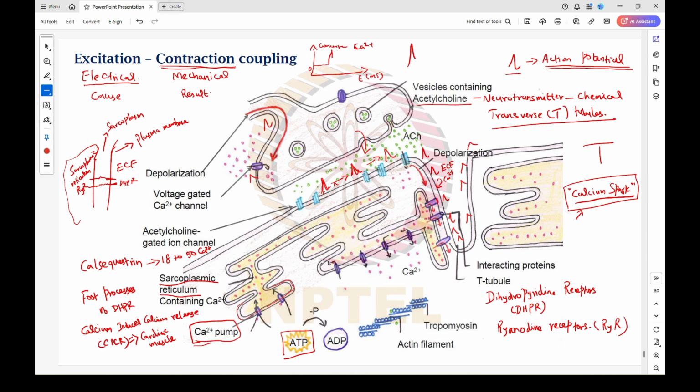Once acetylcholine binds to the receptor, there is a flux of sodium ions inside, causing depolarization of the membrane, and this creates an electrical signal of sorts, which is then relayed throughout the muscle membrane, or the sarcomere's plasma membrane.